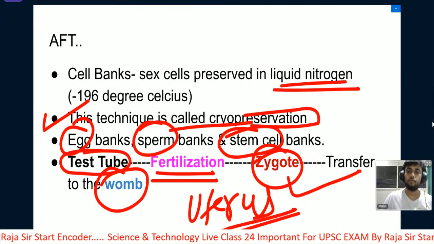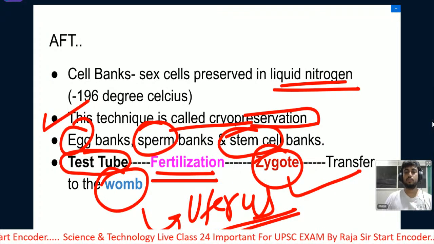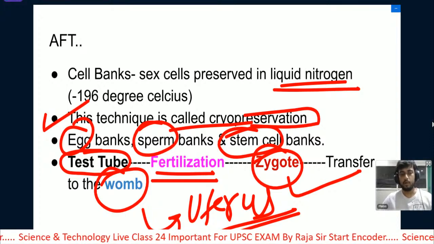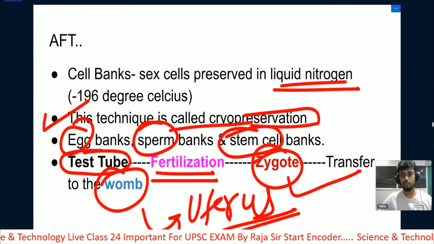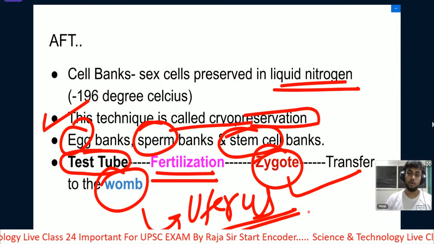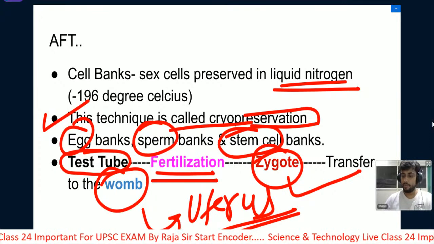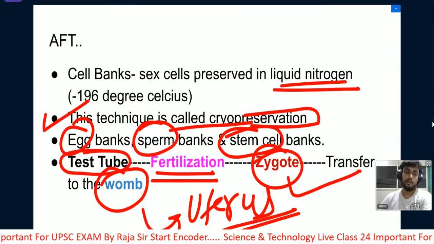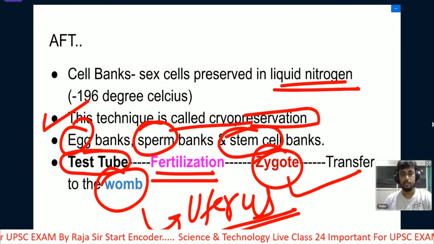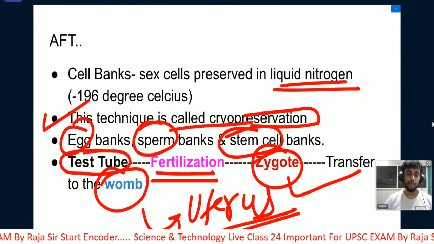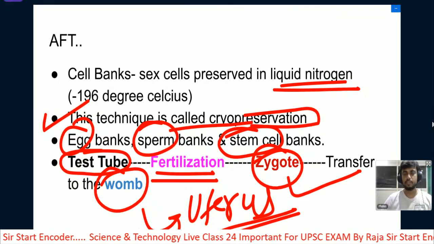Then the zygote grows inside the female body. Okay, and the rest of the processes are similar to normal birth. Only the fertilization is achieved inside a lab.